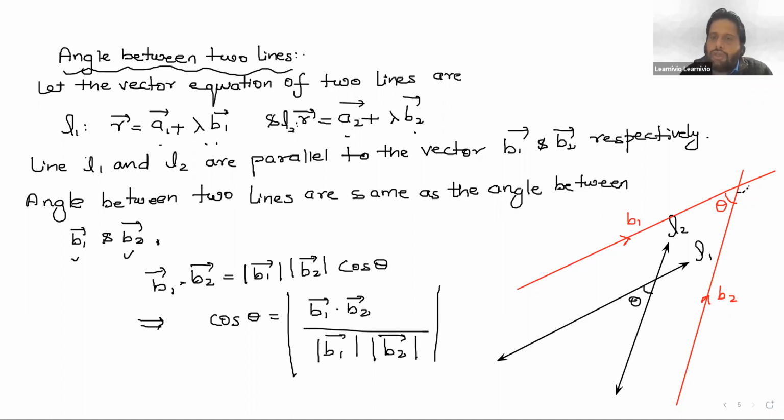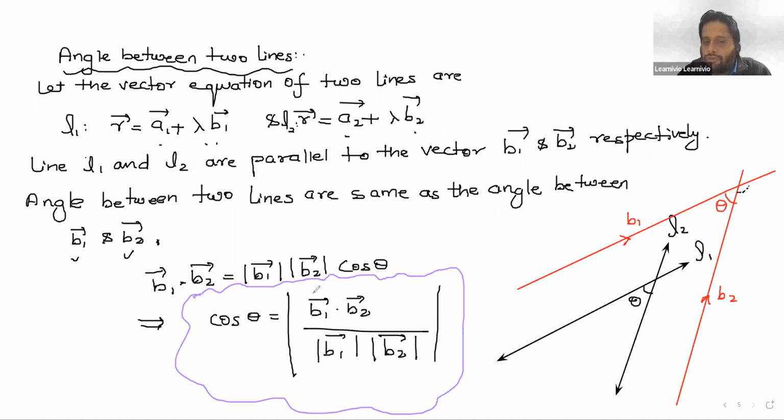It's not a new formula for you. We have two vectors B1 and B2, we are finding the angle between two vectors, that's why we are using the dot product, and we are taking the modulus so that we always get a positive answer. So this is your formula for calculating the angle.